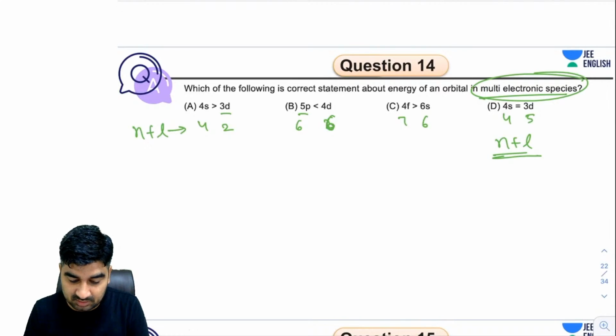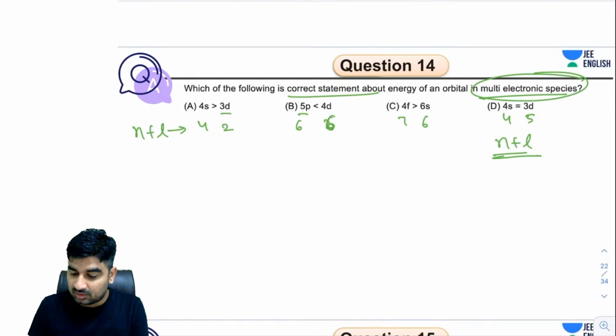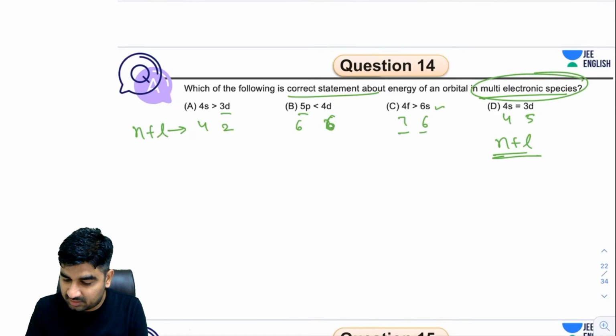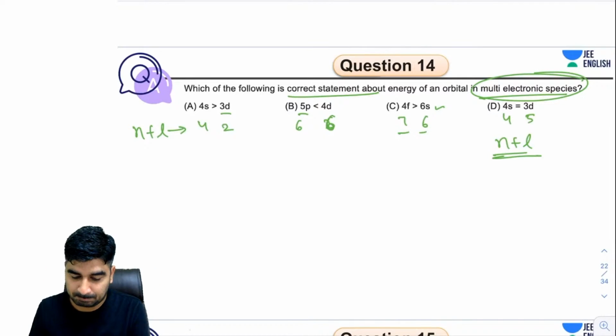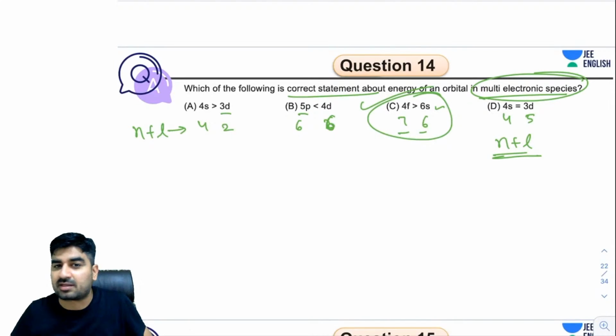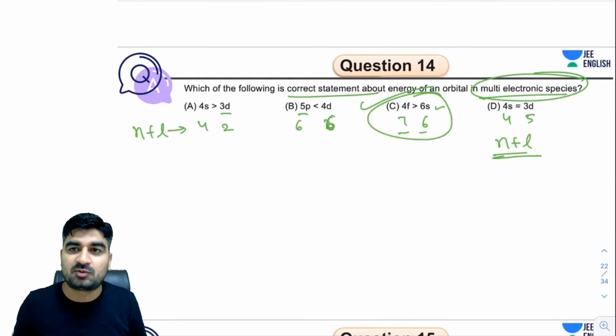So which one is correct? So here, this is correct. Now tell me the answer, the best answer. See, just calculate N plus L. Okay, you got it right. So let's move to the next slide.